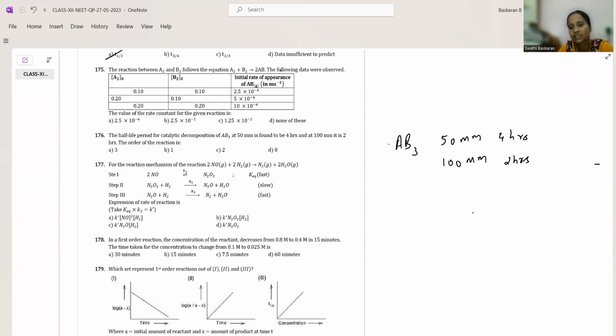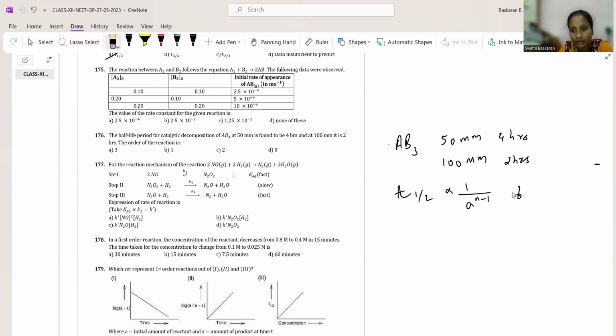Once again, this is a pattern of questions based on T half, which is directly proportional to 1 by A to the n minus 1, right? So according to this, I had told you about T half.